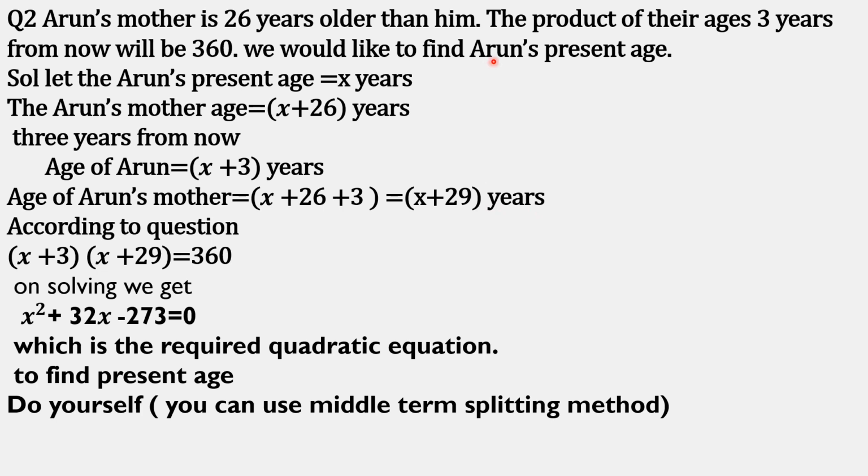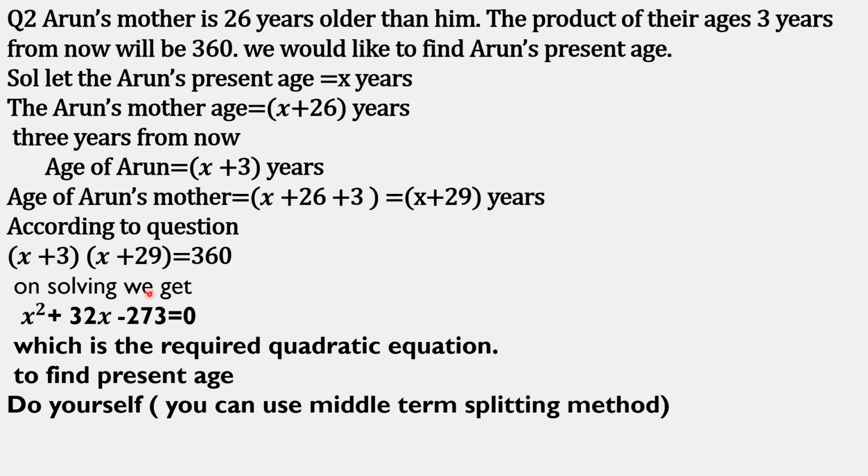Now in the question it is given that the product of their ages 3 years from now will be 360. So according to the question, the product of their ages, the age of Arun multiplied by the age of mother after 3 years, is equal to 360. We get the algebraic equation x plus 3 multiply x plus 29 equals to 360.